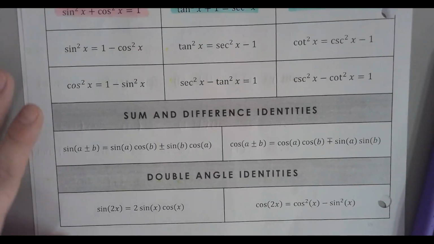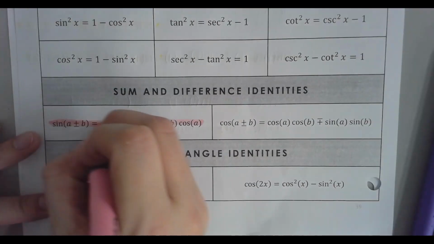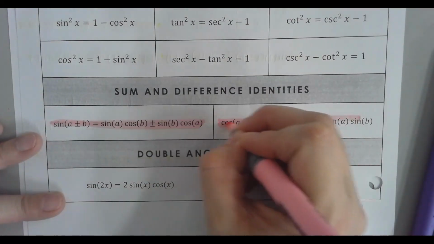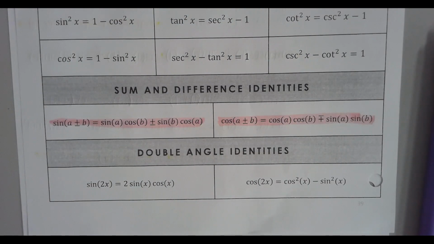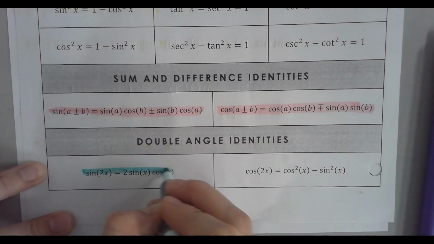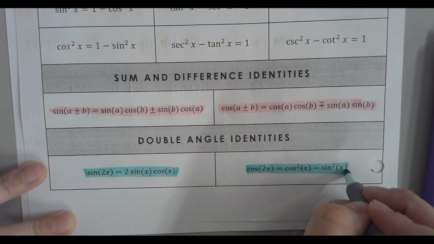Honestly, you should do that. I would for sure memorize these. If you're like, my brain can only memorize 3 things, I would pick the 3 pink, but I would prefer the highlighted ones.